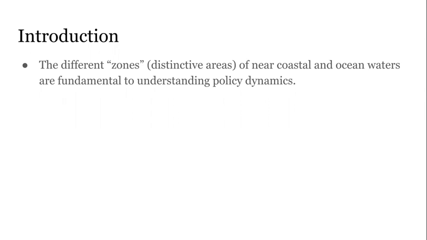So what we're doing here is we're trying to bridge what is common between these definitions to get a general sense overall, starting from the land all the way out to international waters.